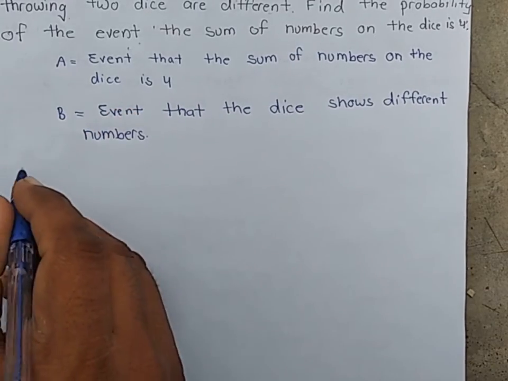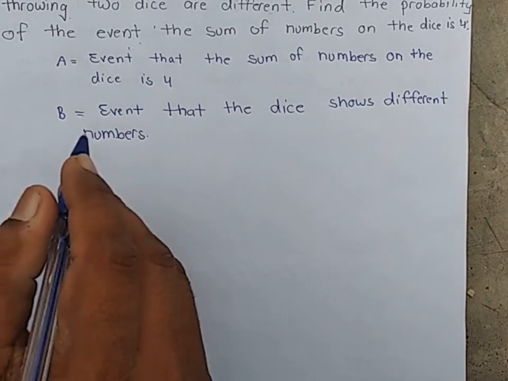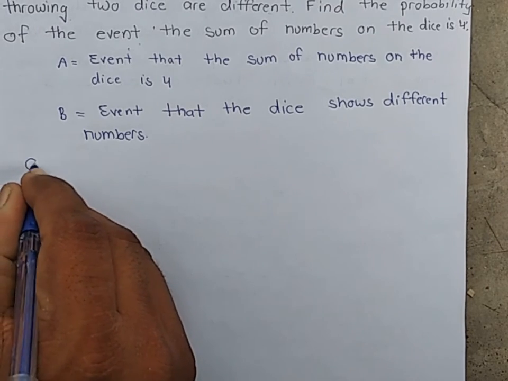Now, on throwing two dice, we have sample space.